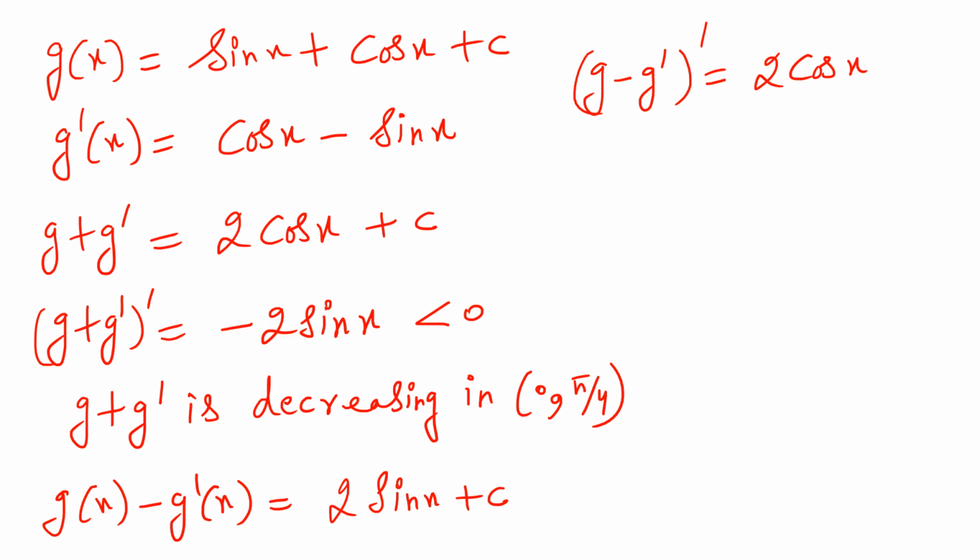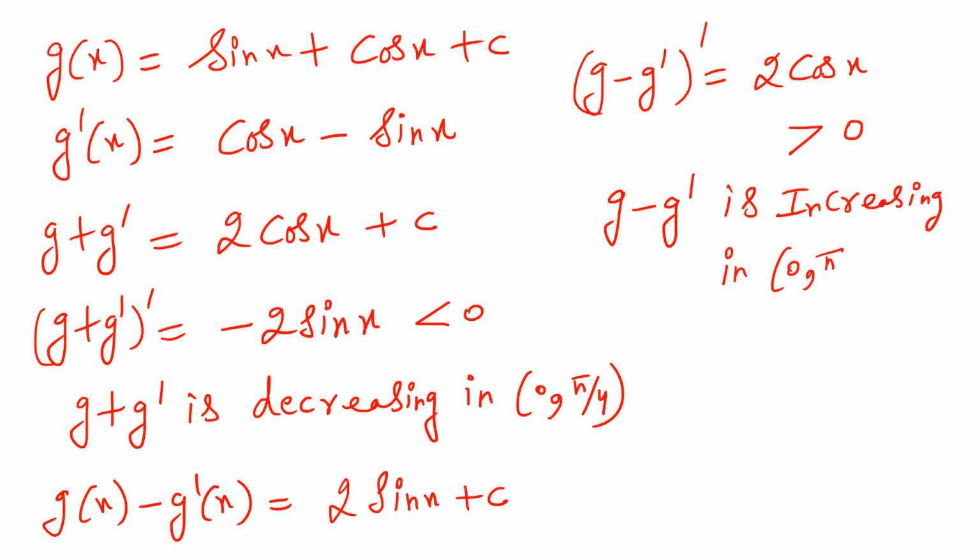Now students, since x lies in the open interval 0 to pi by 4, that means in the first quadrant, so cos x will be positive, and hence I can say that g minus g dash whole dash will also be positive. Or we conclude that g minus g dash is increasing in open interval 0 to pi by 4. Right? So that means option D is the correct one.